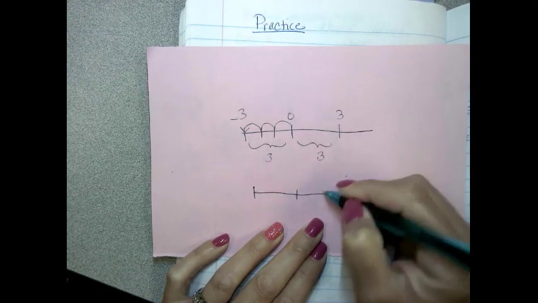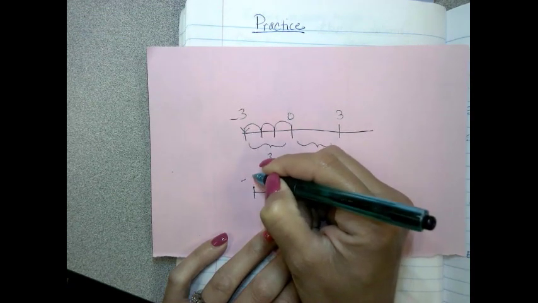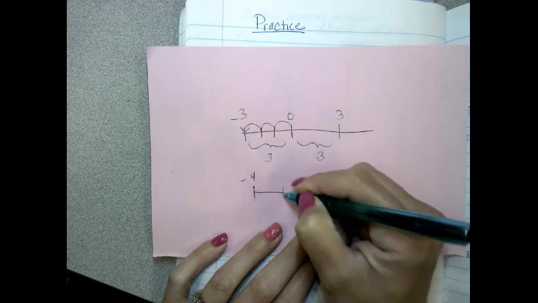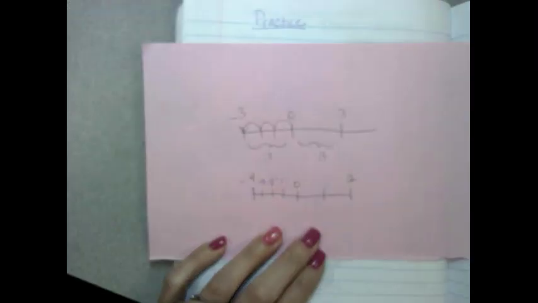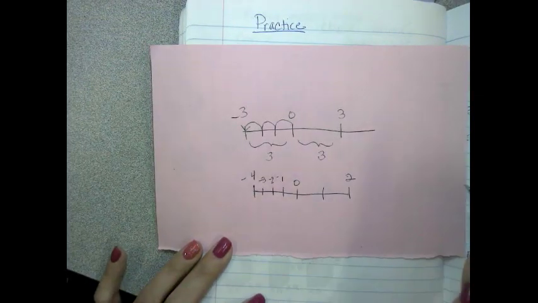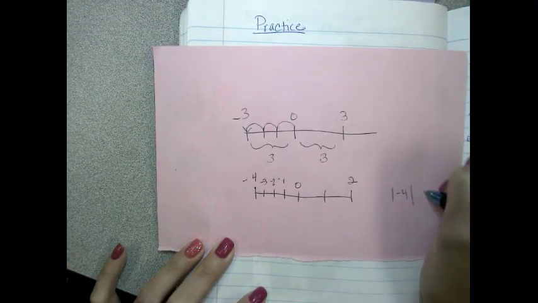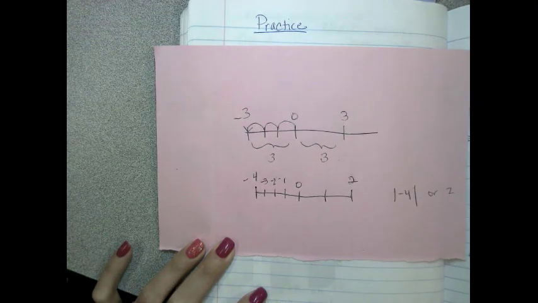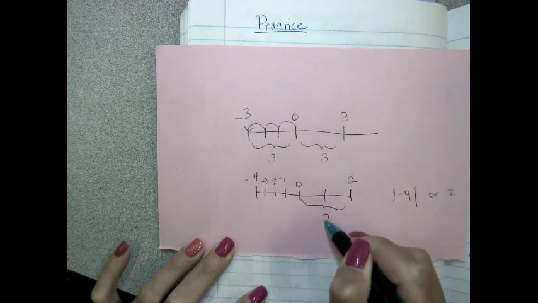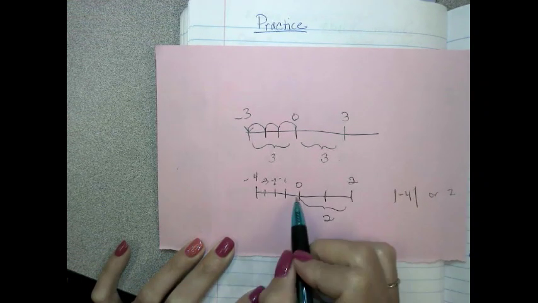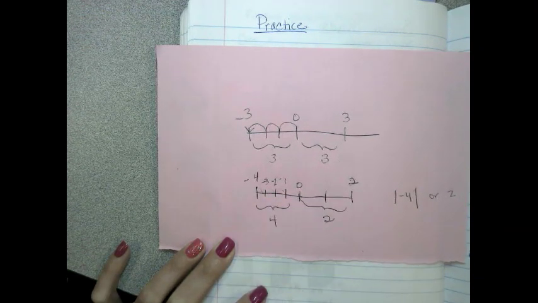If I had 2 and -4, and I said, which is greater, the absolute value of -4 or 2, I would say, well, 2 is 2 units away from 0, and -4 is 1, 2, 3, 4 units away from 0.